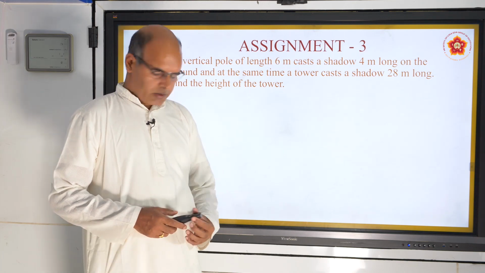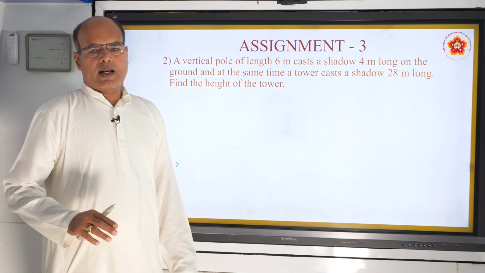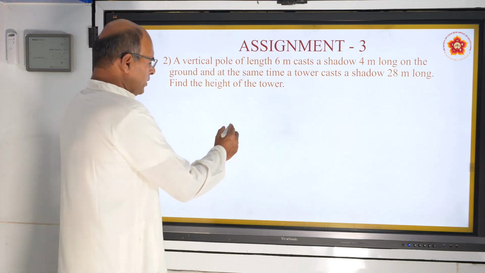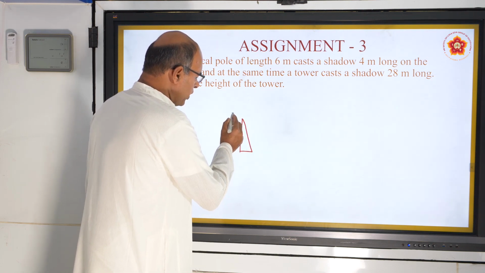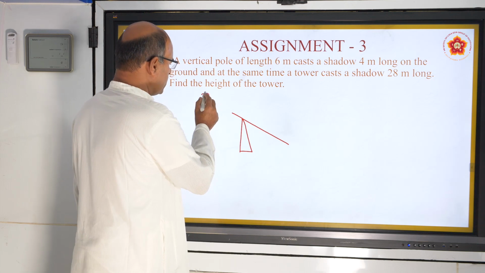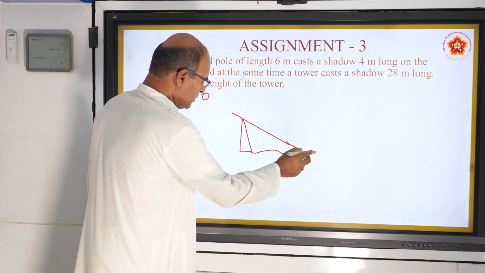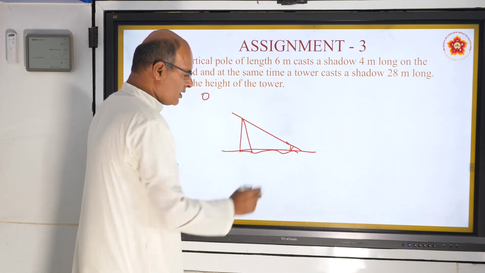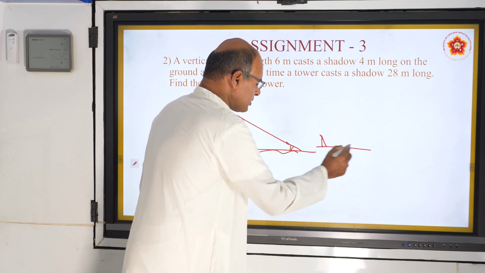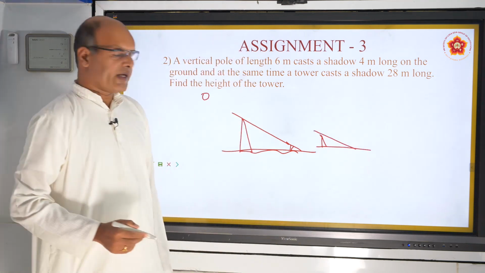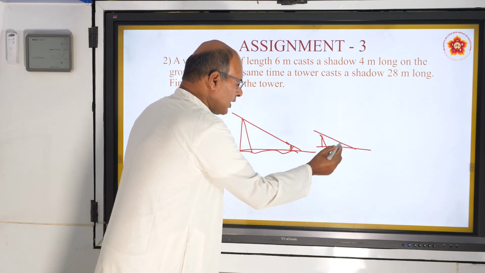So you may know that the light rays produce equal angles when they create a shadow, assuming that the sun is far away. This is a shadow. So this angle, take any objects at the same time of a day. So all these angles are equal.